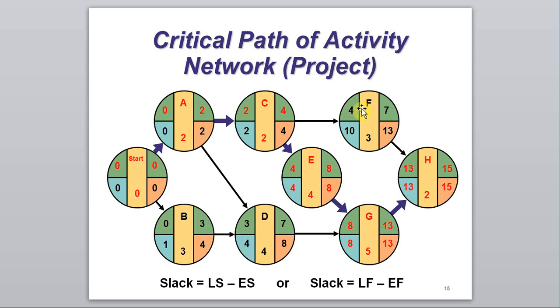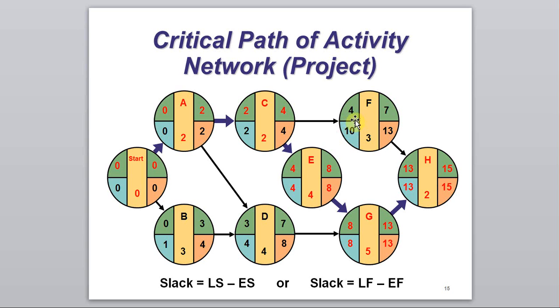For example, for activity F, the early start time is 4 and the latest start time is 10. Assuming this represents weeks, the early start time of activity F is week 4, and the latest start time is week 10.